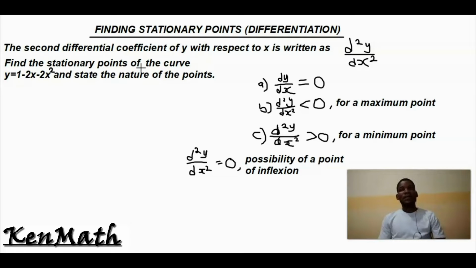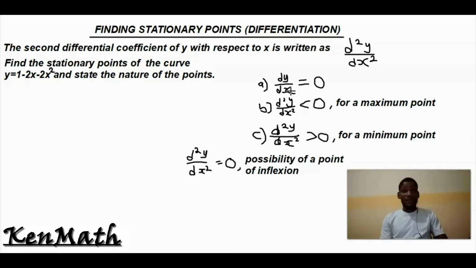The second differentiation coefficient of y with respect to x is written as d to the power 2 of y over dx to the power 2. The first differentiation coefficient is written dy over dx.